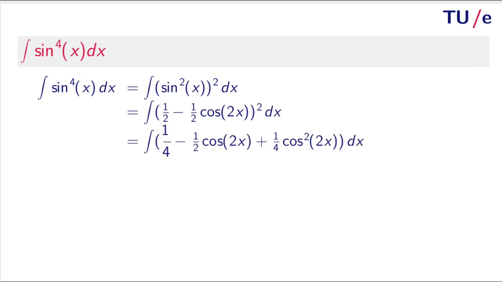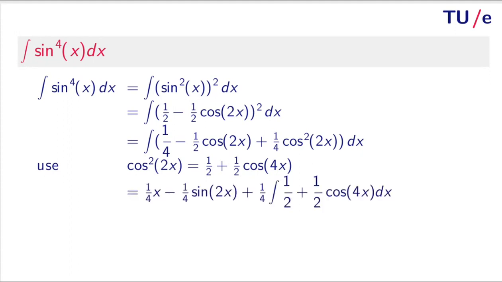But if we expand now this square, we find that this is the integral over 1/4 minus a half times cosine 2x plus 1/4 cosine squared of 2x dx. Now, again, we see that we have a cosine squared. So we use that cosine squared of 2x is a half plus a half times cosine of 4x.